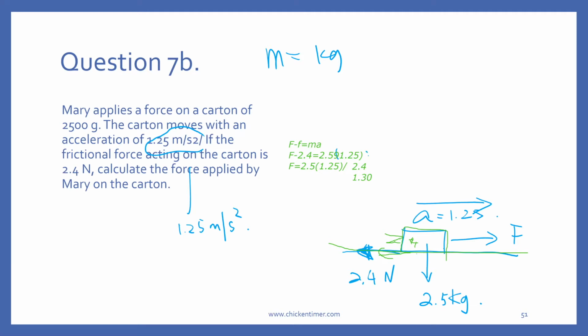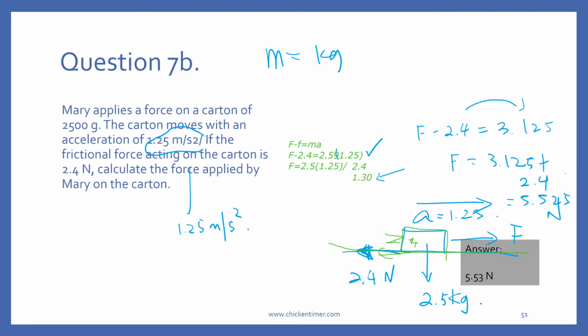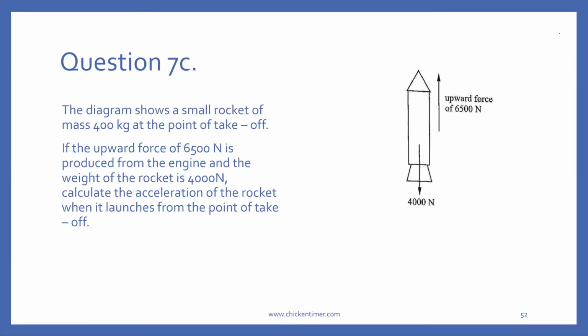So this line is 2.5 times 1.25 plus 2.4. How do you get this answer? Why over 2.4? You bring it over, so it should be a plus, right? Okay, 5.525.